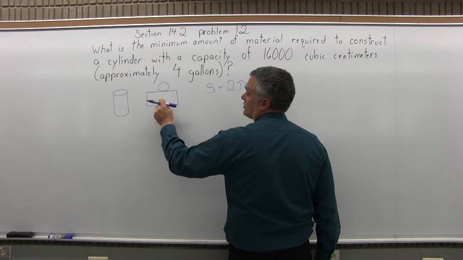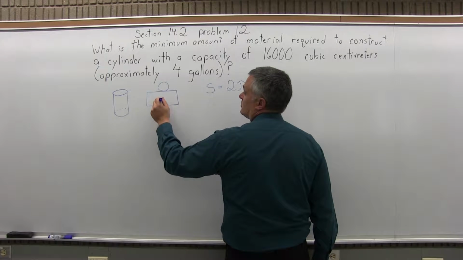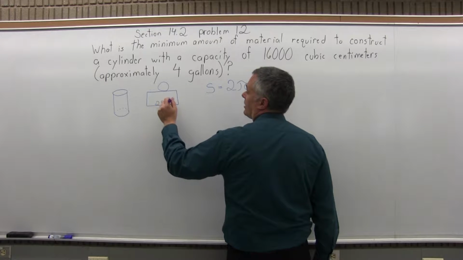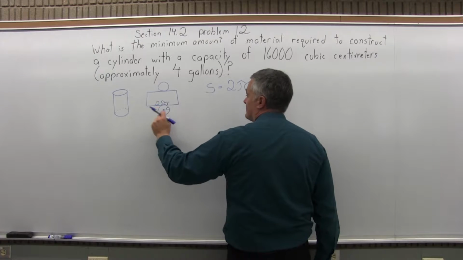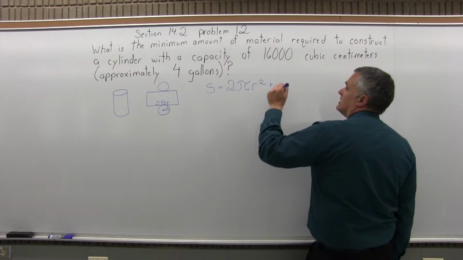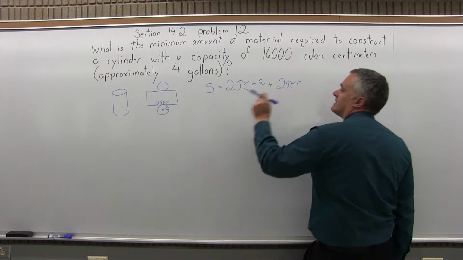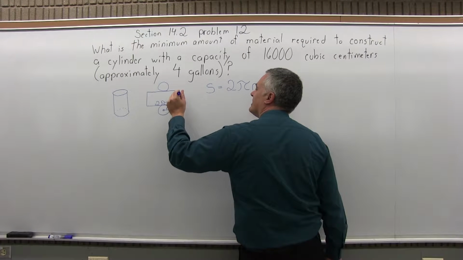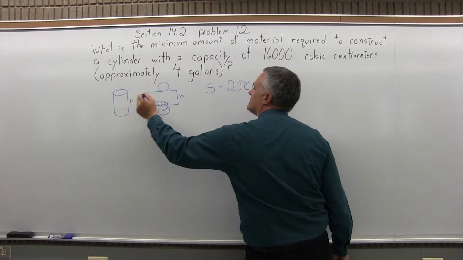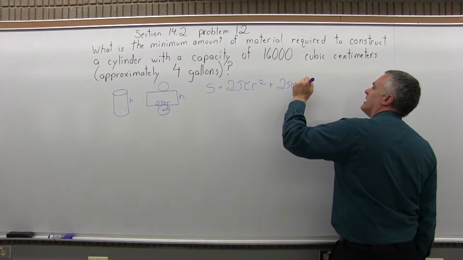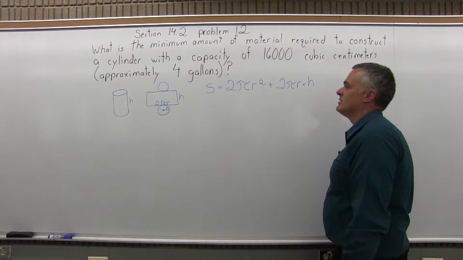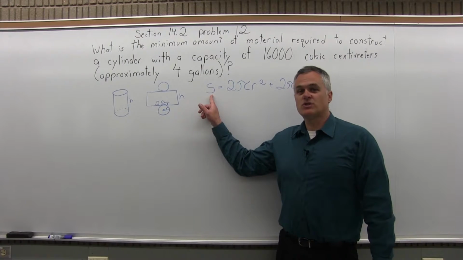So the diameter is 2 of the radius. So it's 2 pi r, not squared, just 2 pi r. That's the circumference. So it's going to be 2 pi r, that's the base of the rectangle, times the height of the rectangle, which will be the height of the cylinder. So 2 pi r times h.